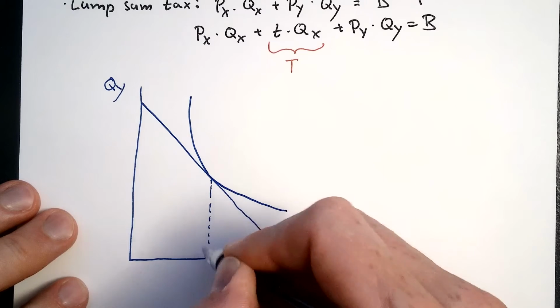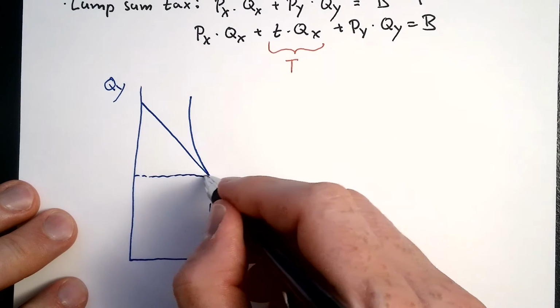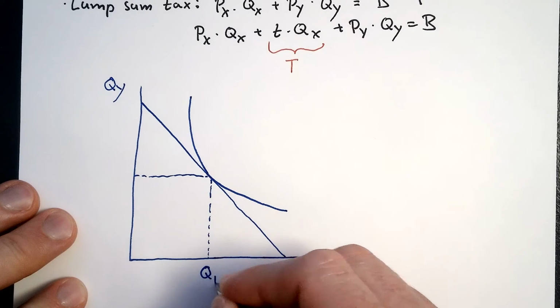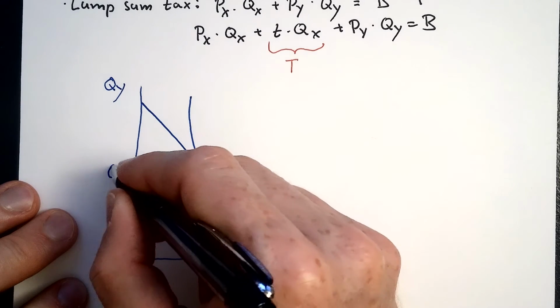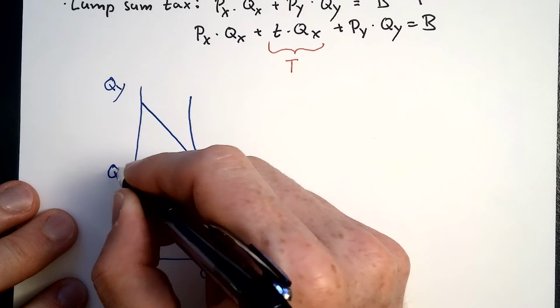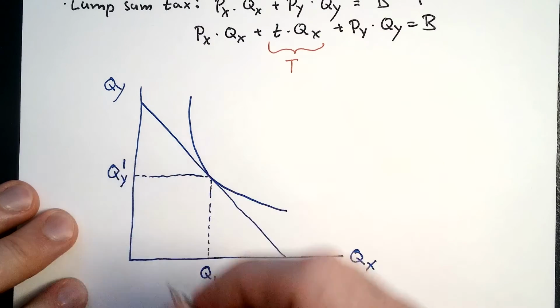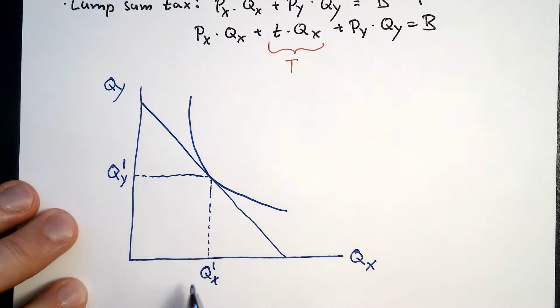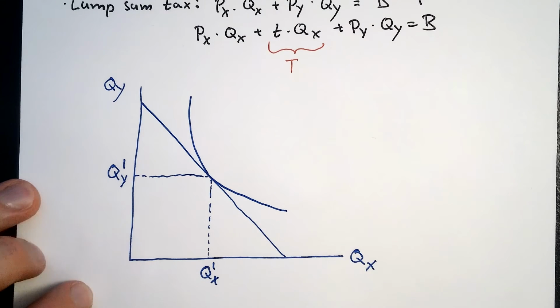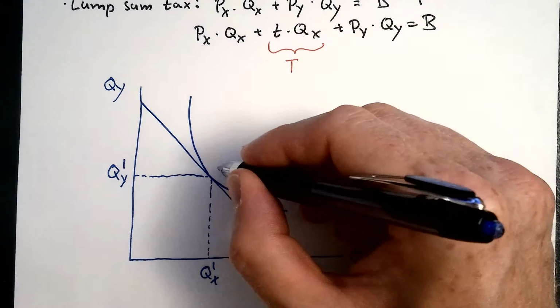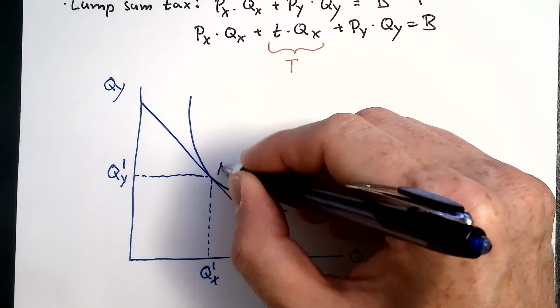Let's assume that this is the consumption. Let's call it Q prime X and Q prime Y. So this is the amount consumed of both goods without any tax. Let's call this point A.